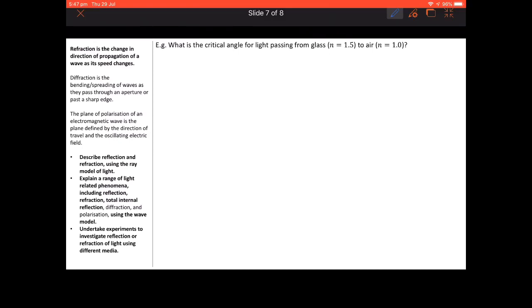So first of all, we'll start off with Snell's law, which states that n1 multiplied by sine of the incident angle is going to be equal to n2, the refractive index of the second medium, multiplied by sine of the angle of refraction. What do we already know from this situation? So we're looking for the critical angle.